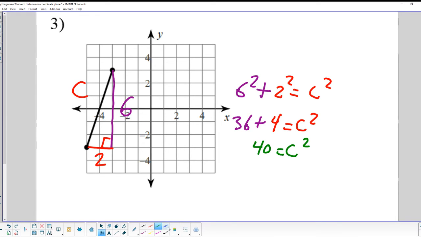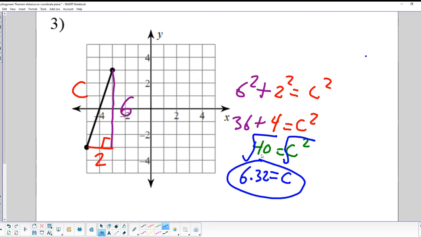So to find c, we need to take the square root of each side, and we get c equals the square root of 40, and that's going to be 6.32 if we round to the nearest hundredth. And that's not a bad number. We know it's going to be the longest side, and it's just a little bit longer than this side. We know it's not too much longer because our bottom down here is not very big.